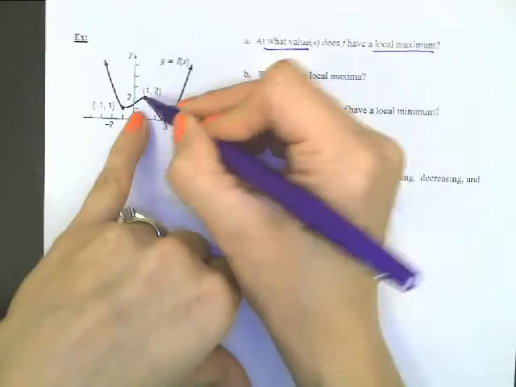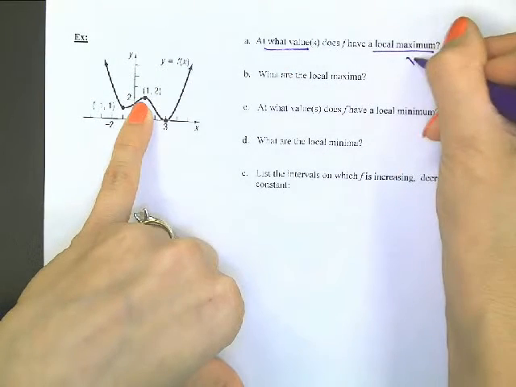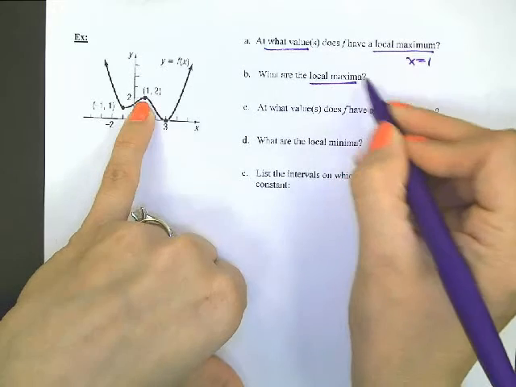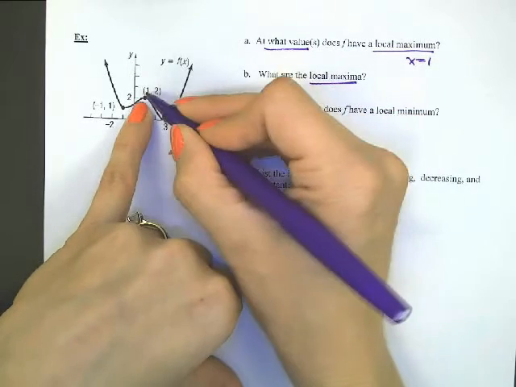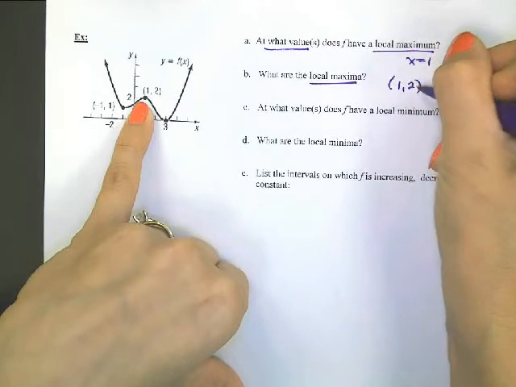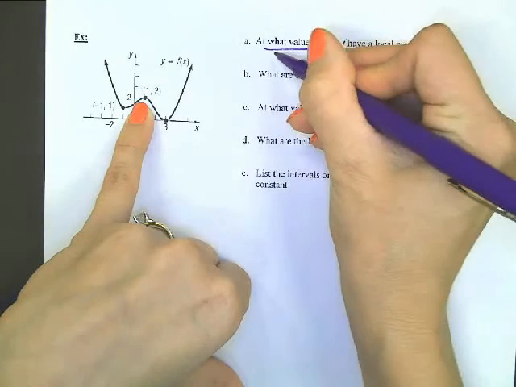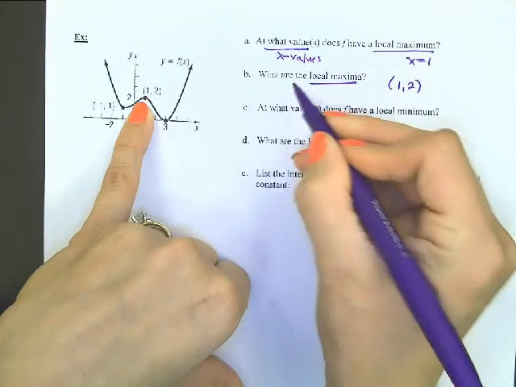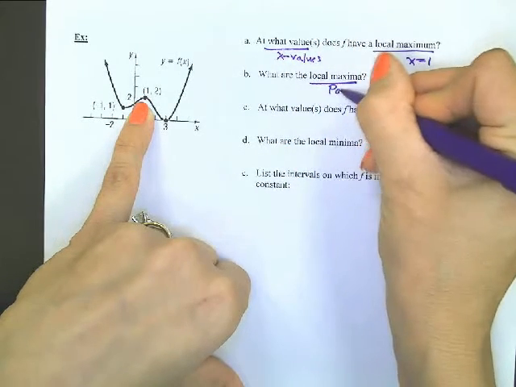It's got a local maximum at x equals 1. What is the local maximum? This is plural here, local maxima. The local maximum point is 1, 2. So when it says what value, it means x values. When it says what are the local maxima, remember that's a point.